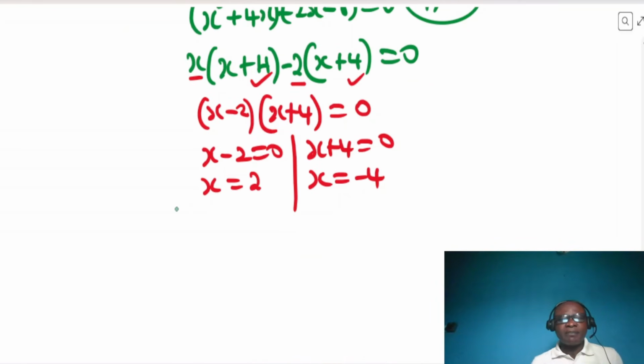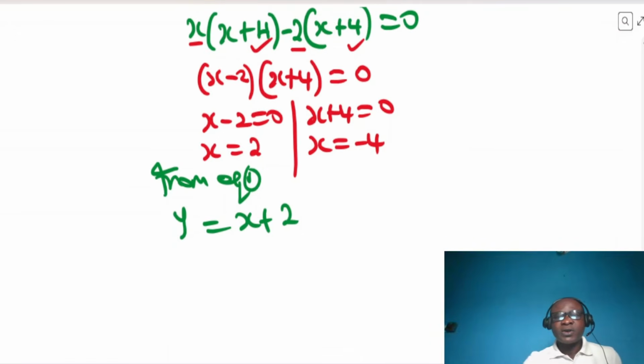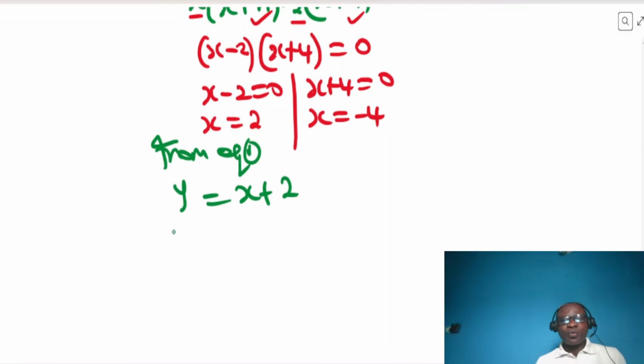Therefore, from equation 1, y equal to x plus 2. When x is 2, y now will be equal to 2 plus 2 equal to 4.